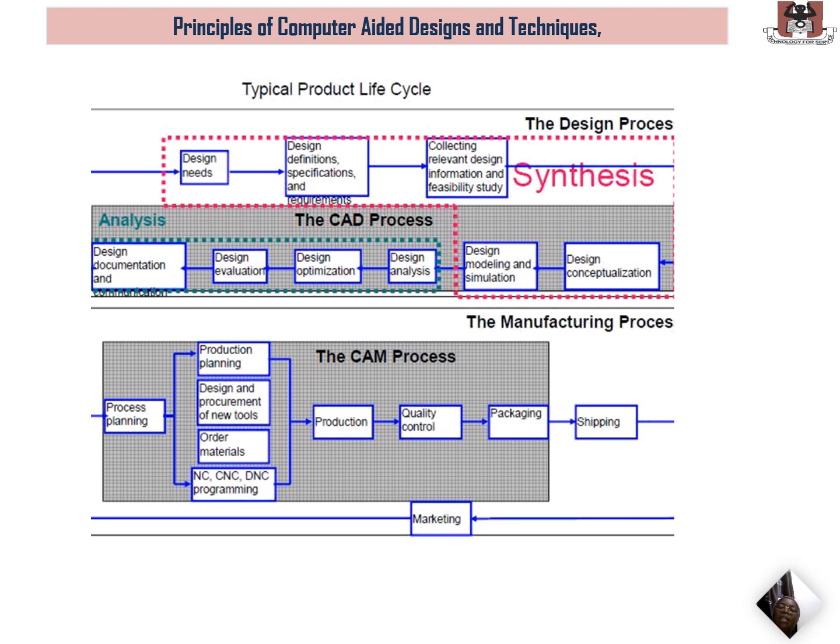So this is the design process synthesis. You start with the design needs, you have your definition, the specifications, and all that you want to get integrated in your design. Then you collect relevant design information and feasibility studies, and from there you move into design conceptualization and design modeling and simulation.